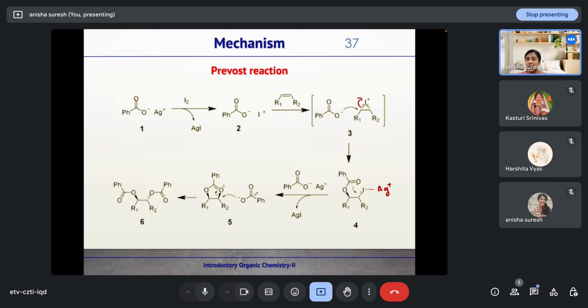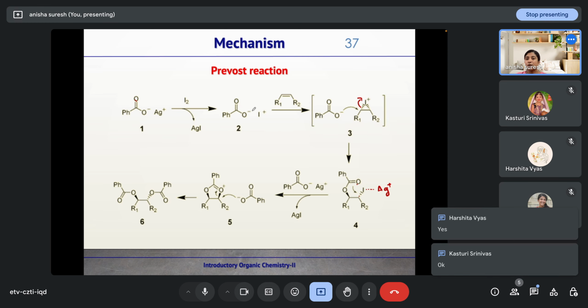Then another molecule of benzoate will add at this position and this bond will get open, leading to formation of this compound 6, and upon ester hydrolysis this leads to formation of trans diols. So this is Prevost reaction condition. Is this mechanism clear?